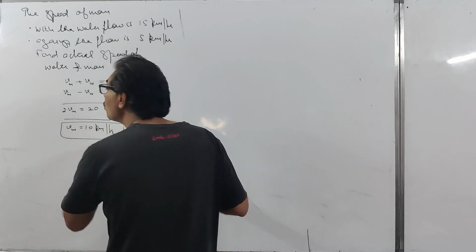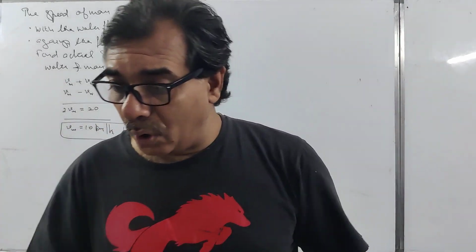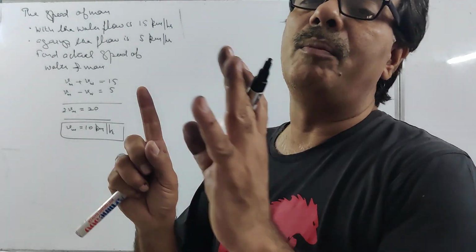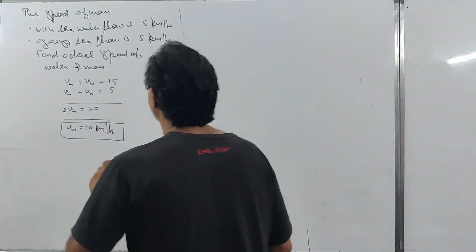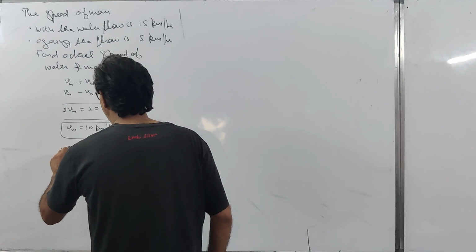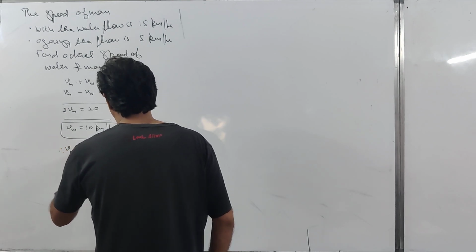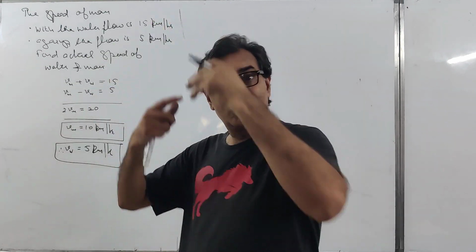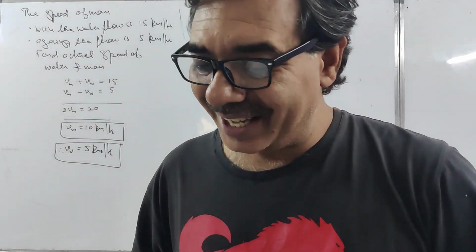It means in a swimming pool where there would be no flow, the man is going at 10 km per hour with all his strength, and the velocity of water would be 5 km per hour. That is why if you are in the same direction, your speeds add.